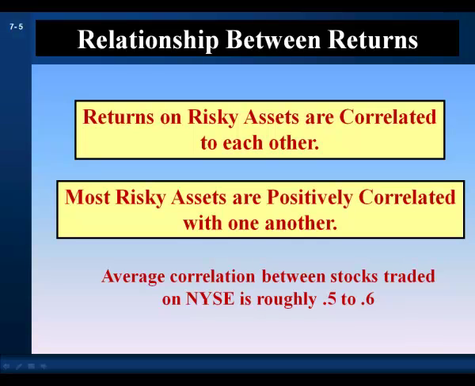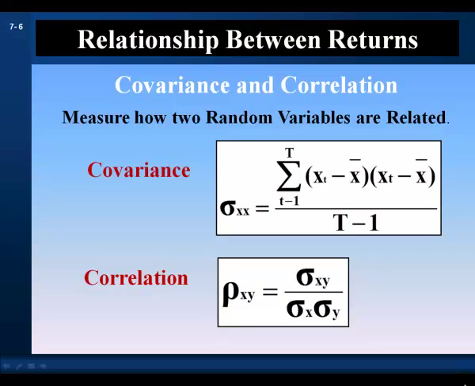The returns on risky assets are correlated with one another. Let's note this for future reference. The covariance of x with itself is the variance of x. So let's put that in our memory, and we'll bring it back in a later lecture.